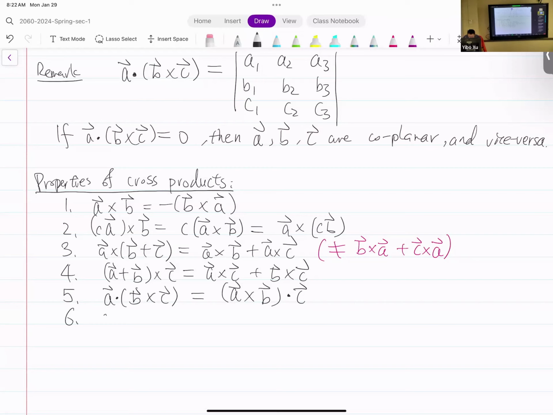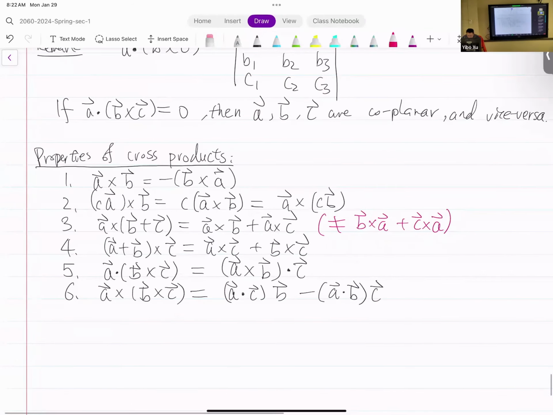Property 6. If we have A cross B cross C, here you see the order is that we calculate the operation within the bracket, so it's B cross C first, and then the result is crossed with A. This one will equal something interesting. It is going to be A dot C as a scalar multiplying B, minus A dot B as a scalar in front of C. This is what's called the vector triple product.